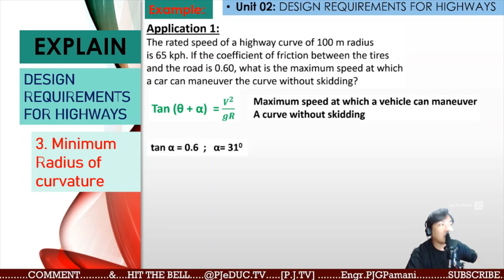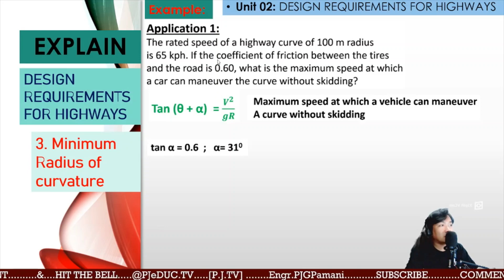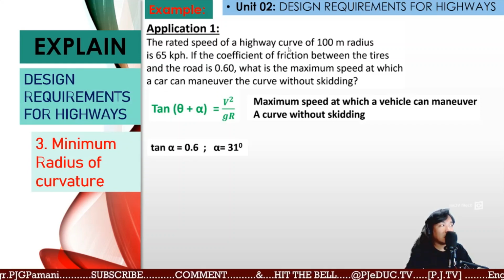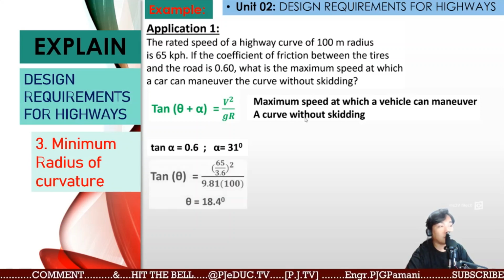That is tangent alpha of 0.6, which is the coefficient of friction between the tires and the road. And the alpha is 31 degrees.